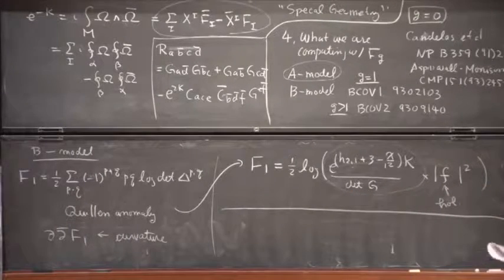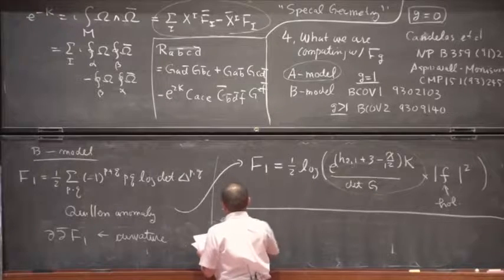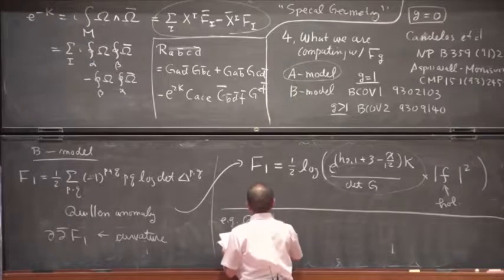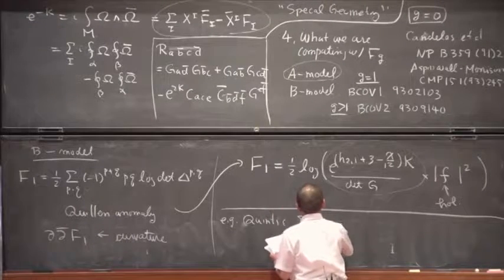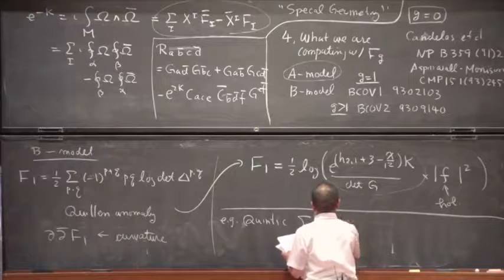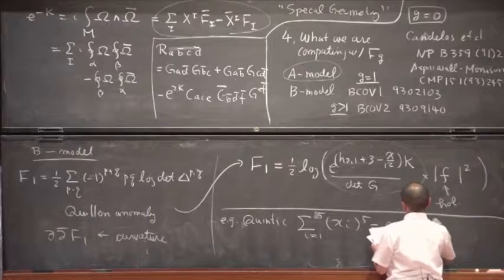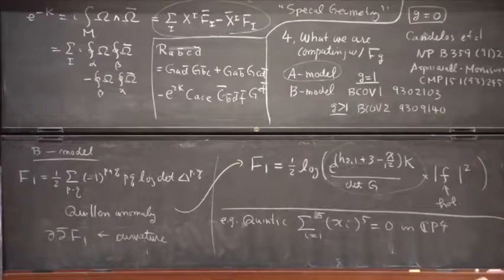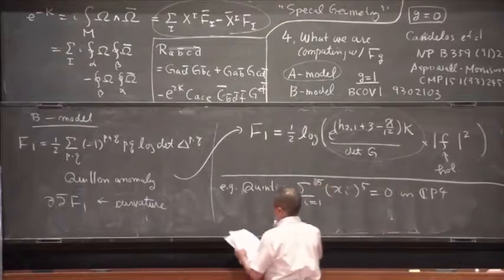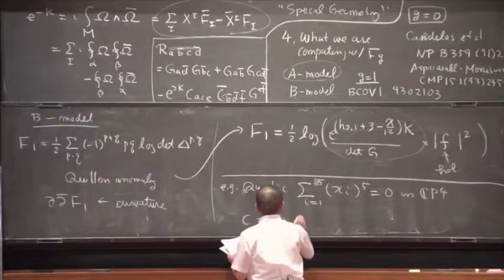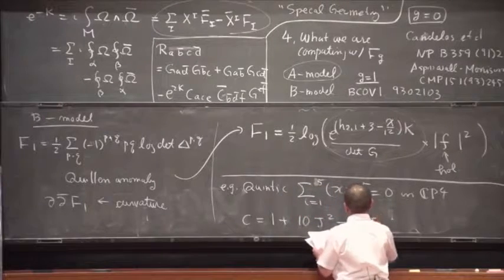So I told you an example of the quintic yesterday. And you remember the computation of the total Chern class of this space, which is given by 1 plus 10j squared minus 40j cubed.